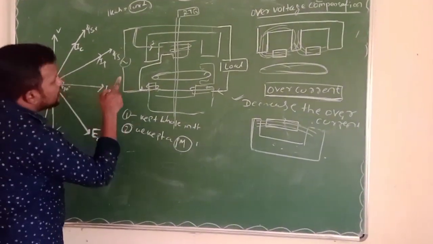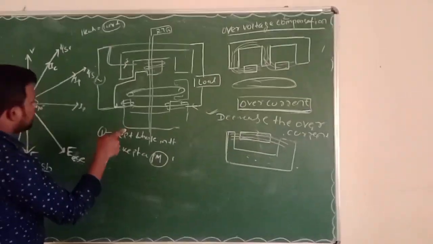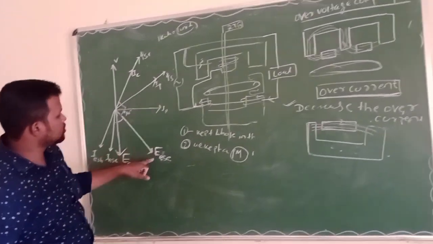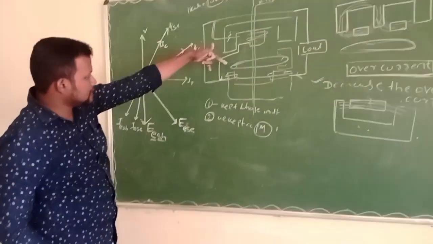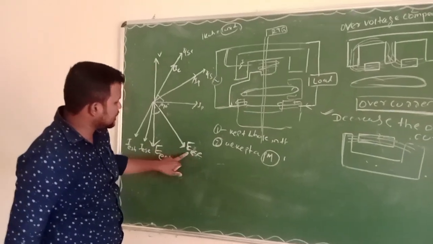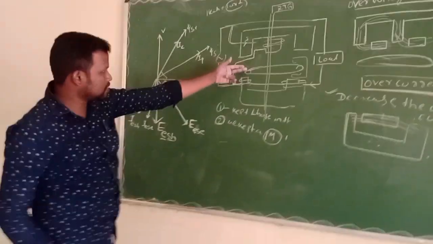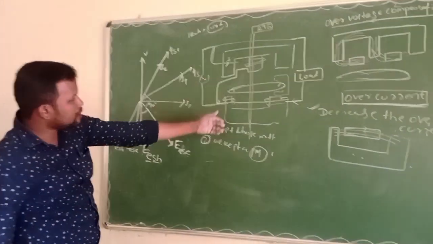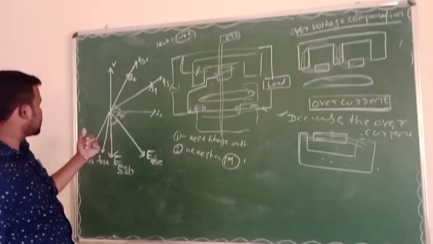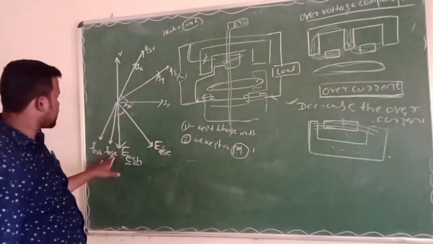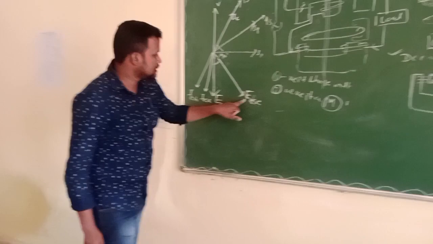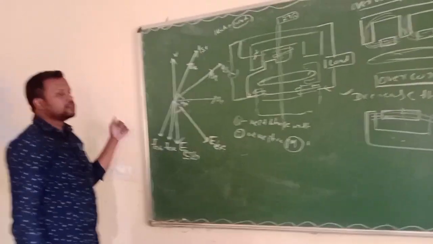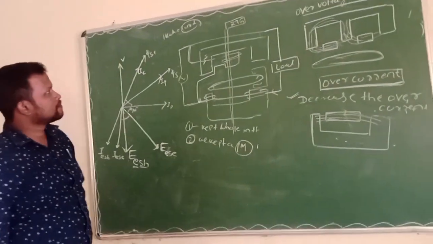The current coil current and the EMF induced in the aluminum disc should lag behind by 90 degrees, and in the same way the shunt field also lags behind by 90 degrees, and the current should lag behind the EMF.